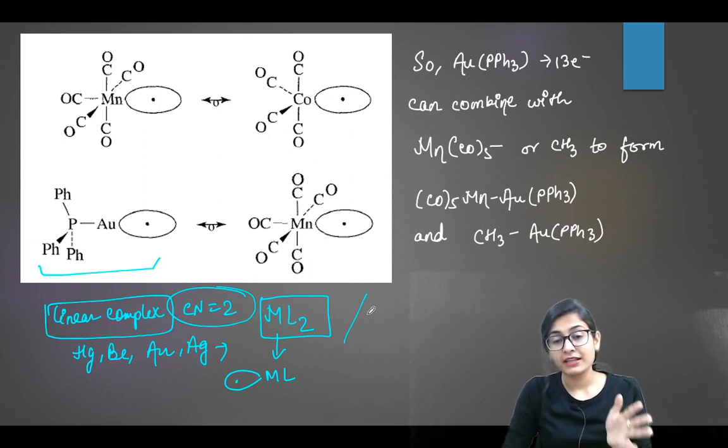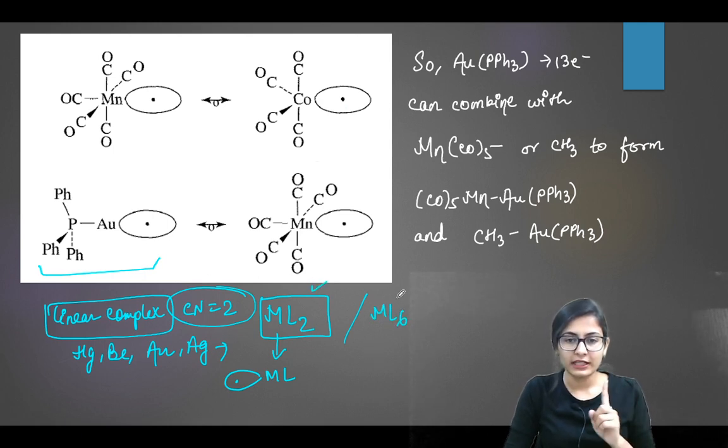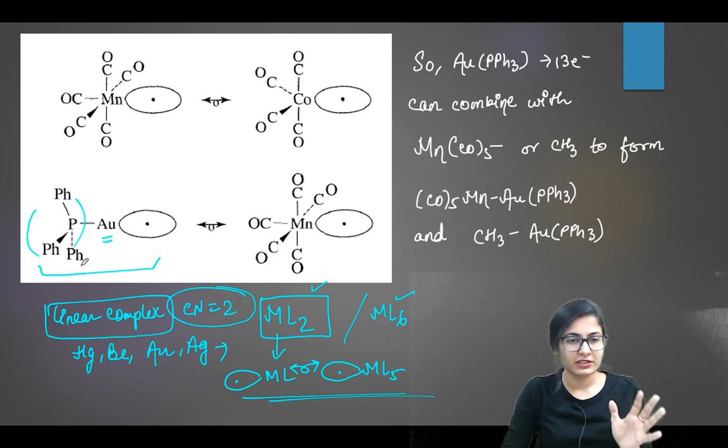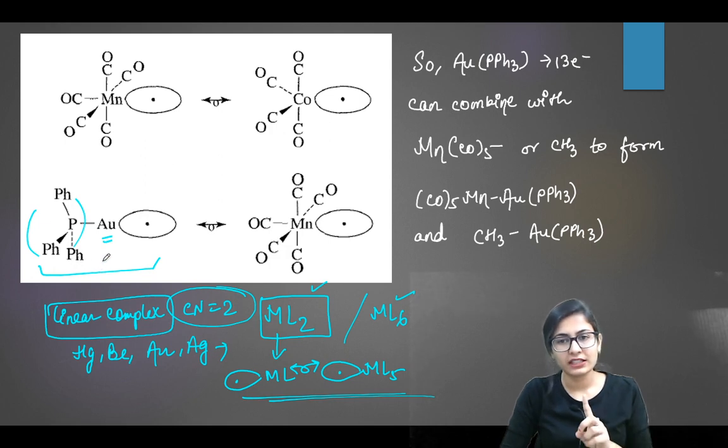But if we are comparing this to, for example, ML6 octahedral, then ML2 and ML6 are isolobal because they don't have any orbital, and ML and ML5 are going to be isolobal because they are bringing one frontier molecular orbital. So I hope that you understand this, it is extremely important. So this is how we can say that ML, which is gold phosphine, we just have a phosphine over here, PPh3, nothing else.